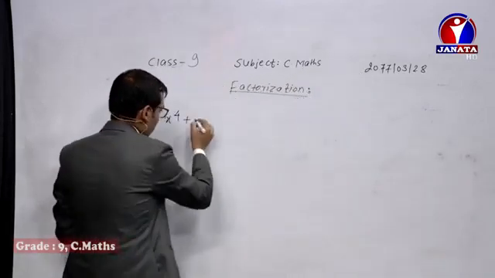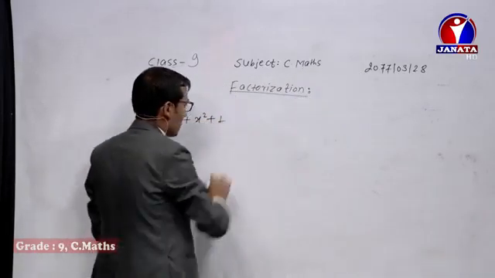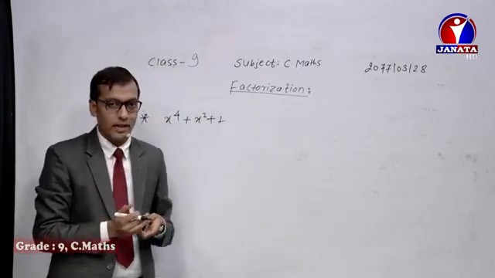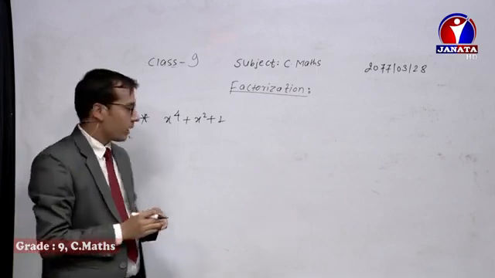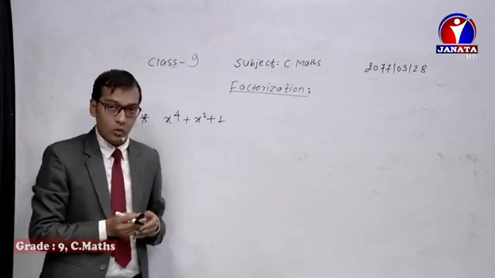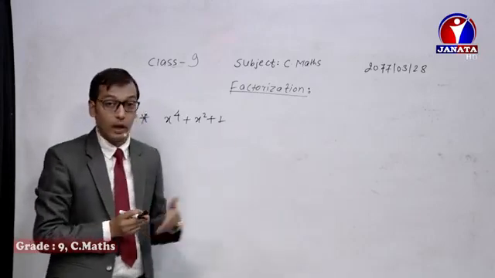X to the power 4 plus x square plus 1. Let's think, how can we factorize this? The first term is x to the power 4, second is x square, and third is 1.